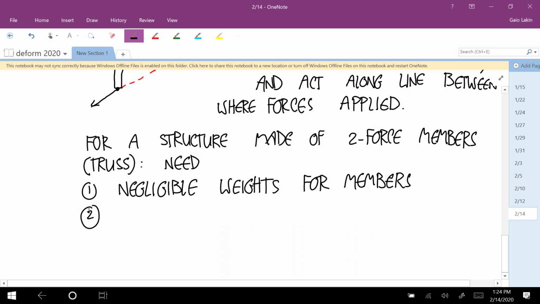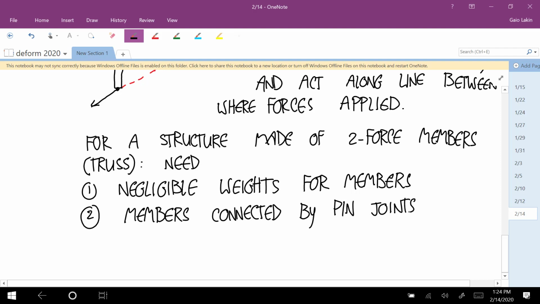Second, all the joints have to be pin joints. So the members have to be connected by pin joints. That's in 2D. In 3D, it would be ball and socket joints.